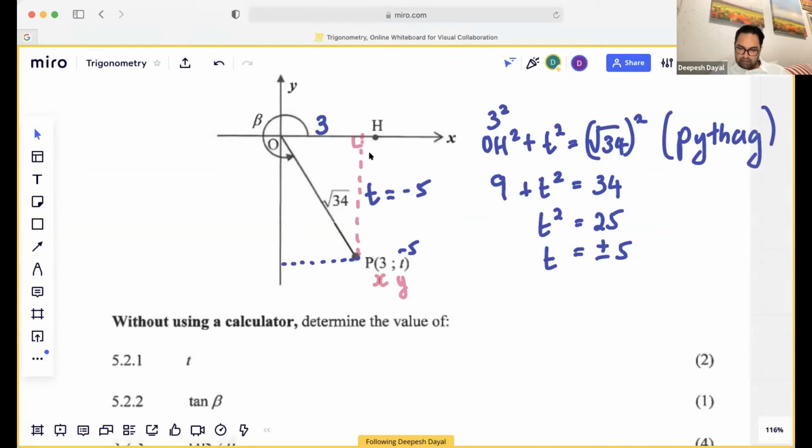Okay, so tan beta, what is tan beta? Now tan is opposite over adjacent, right? So this is opposite over adjacent or y over x. So what is the y value here and what is the x value? What is the value of tan beta? If you can just share with me what your answer for tan beta is.